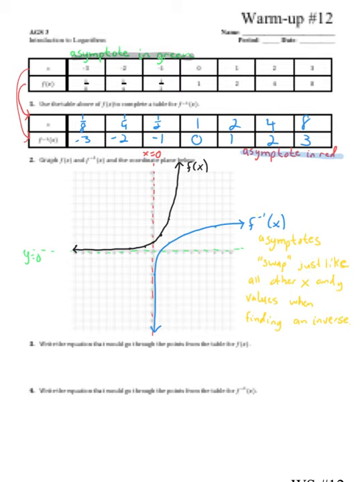And then the last parts, it says write the equation that would go through the point from the table for f of x. One thing that I would use from last class when we talked about graphing these exponential functions: first, the black line looks like an exponential function, and I labeled it f of x so that way we could see it.